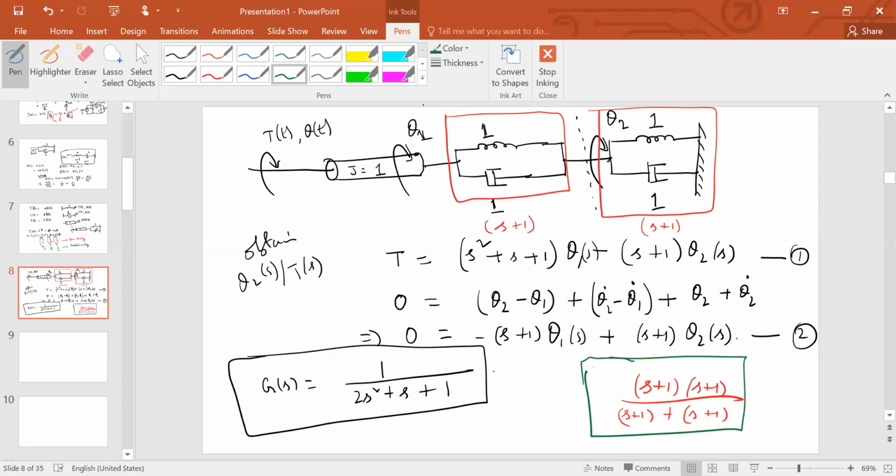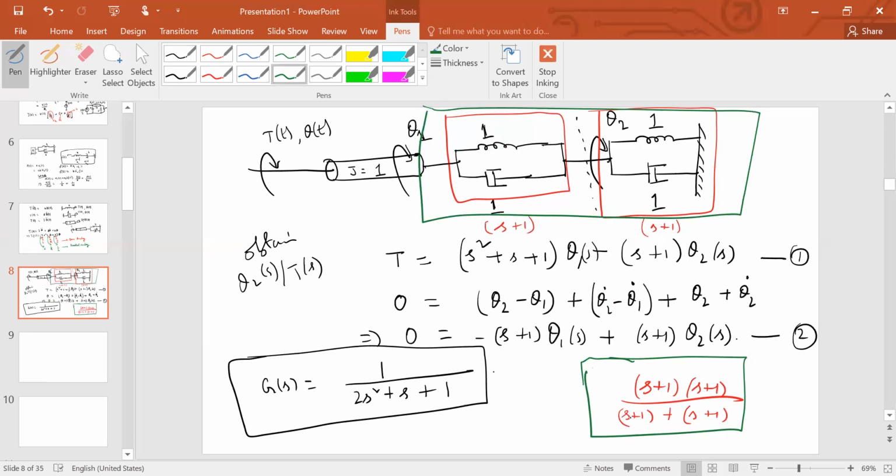So when I view this entire block, the exact equivalent will be this. What is that? That is nothing but (s plus 1) over 2.